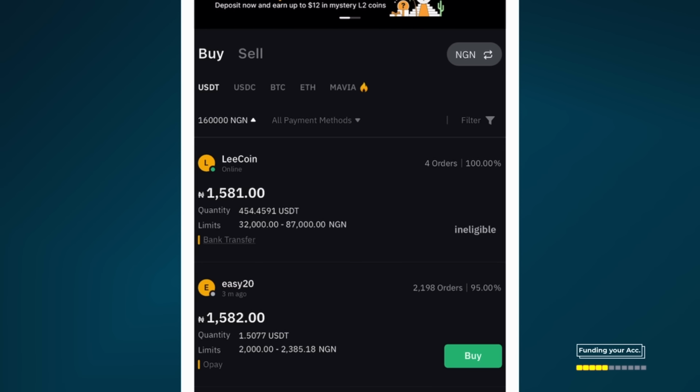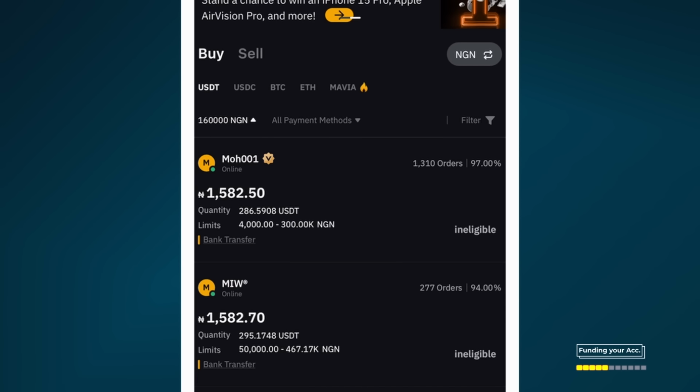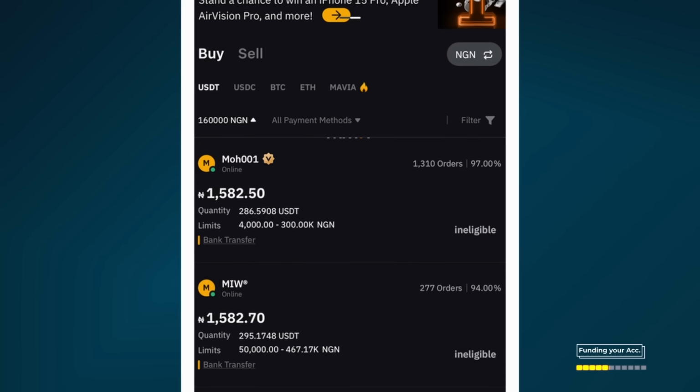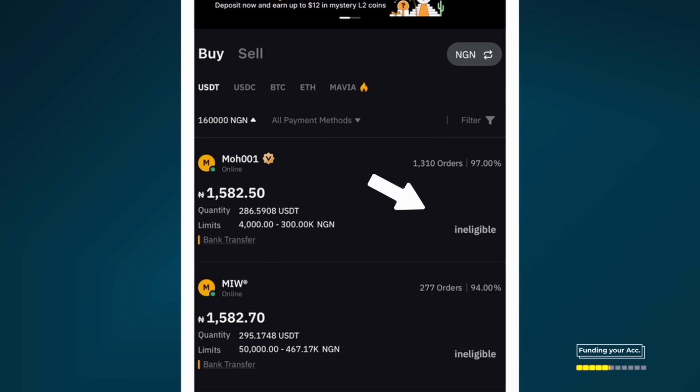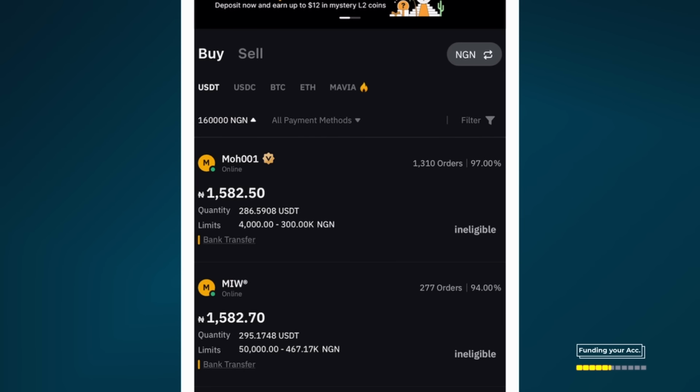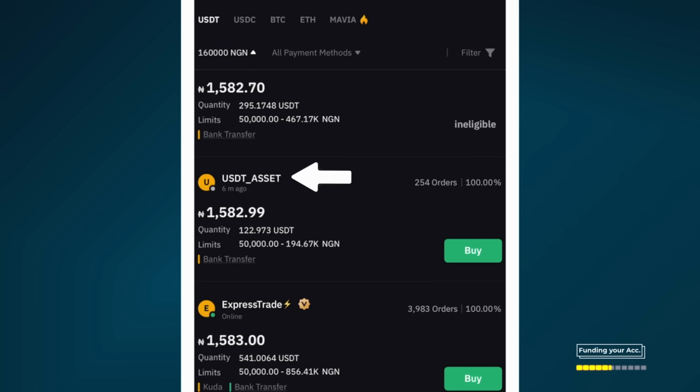Now what this will do is bring out all those who are willing to sell up to 160,000 Naira worth of USDT. You can see that for these first two I am ineligible, maybe because they need me to perform a number of trades before they can trade with me. But the next person I can buy from is this USDT underscore asset.